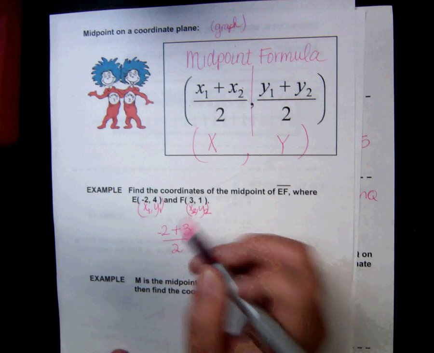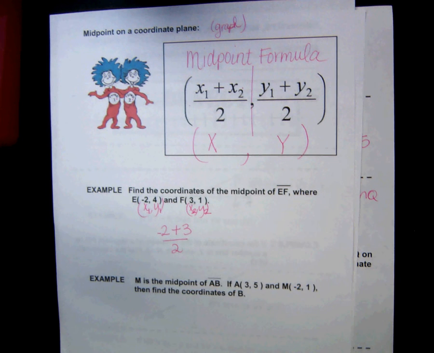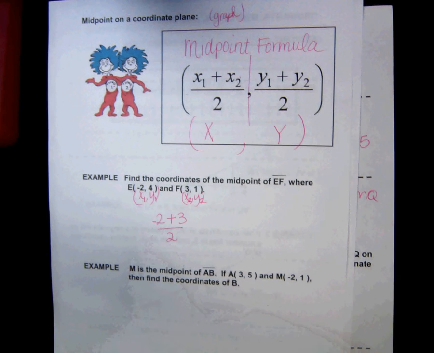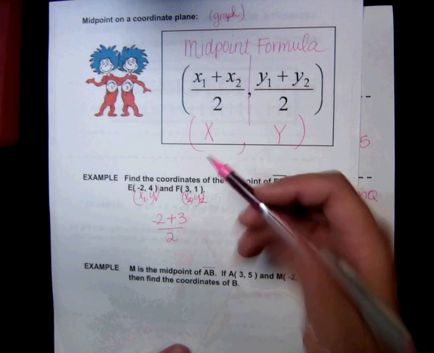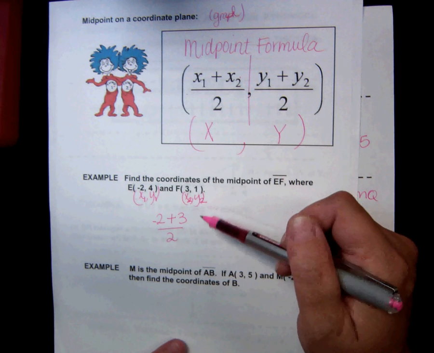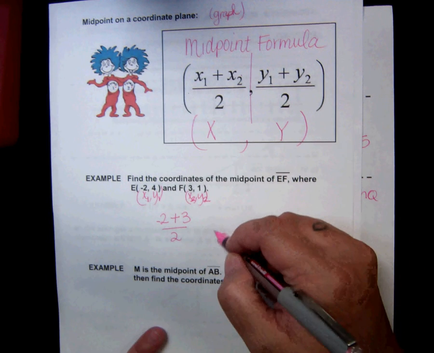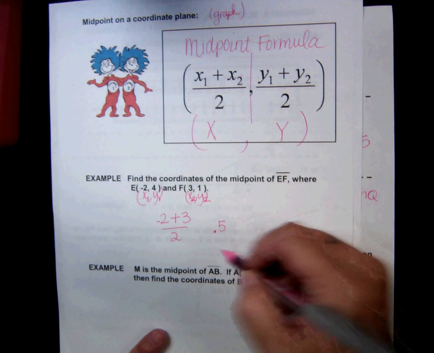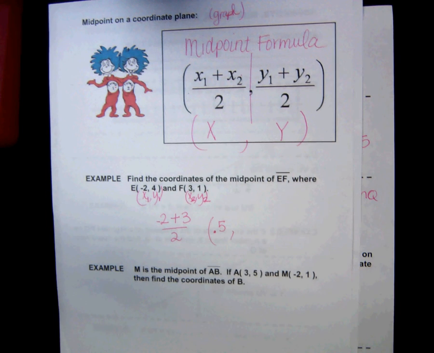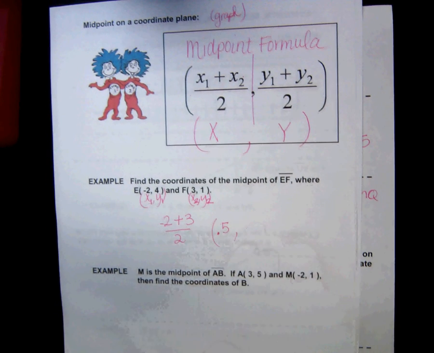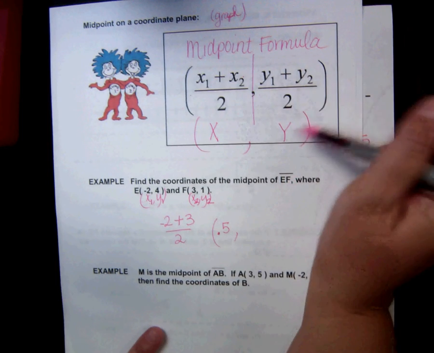I'm going to do this first because they're two separate things. If I do this, -2 plus 3 gives us 1, and 1 divided by 2 is 0.5. So there is my x coordinate for my answer. Now I must go do the y part.